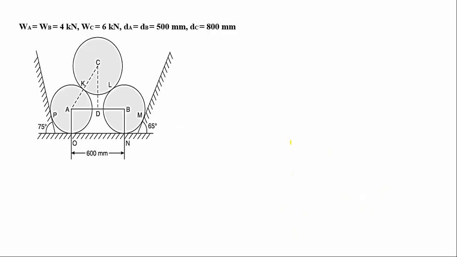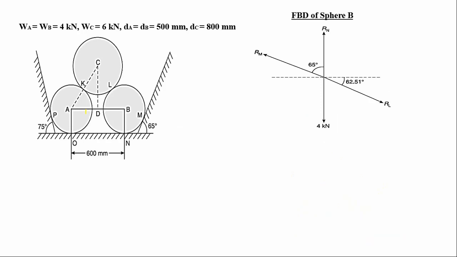Next we'll draw the free body diagram of sphere B. This is the self weight of the sphere, 4 kilonewtons, acting in the downward direction.